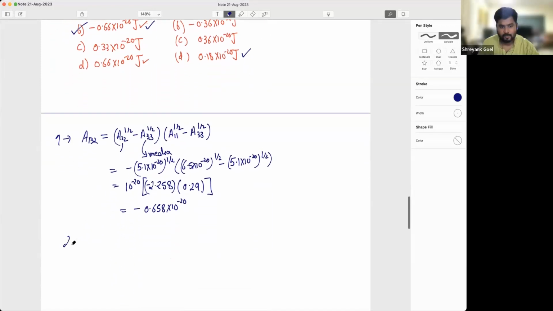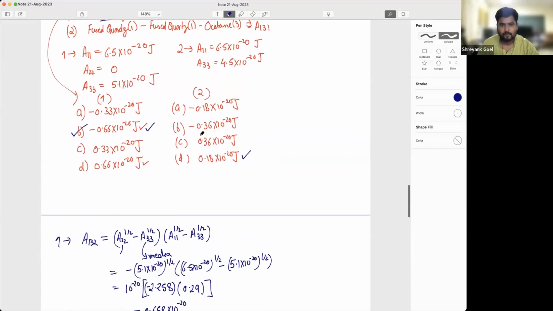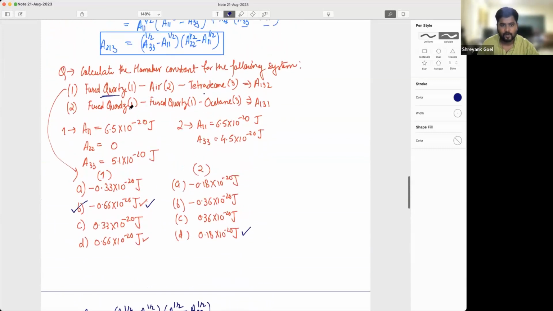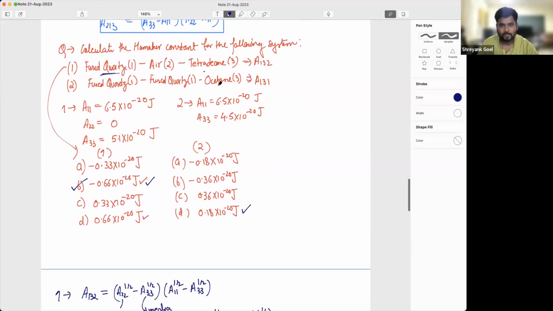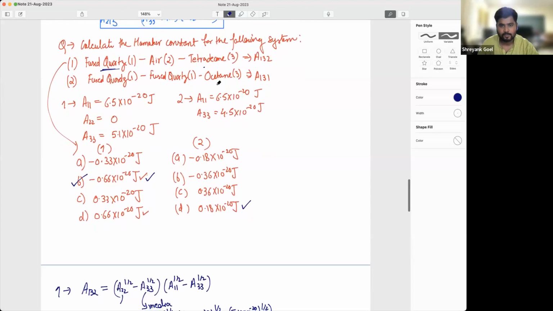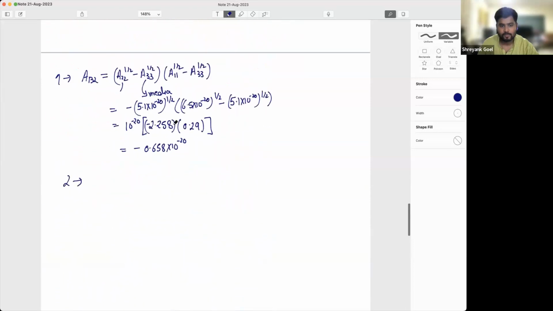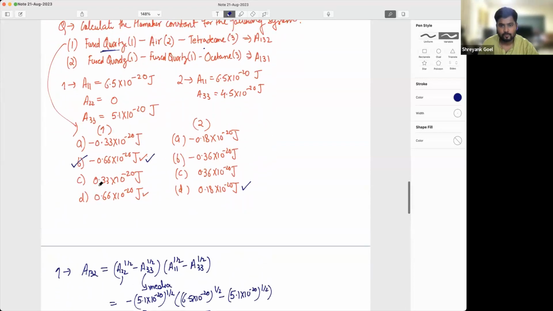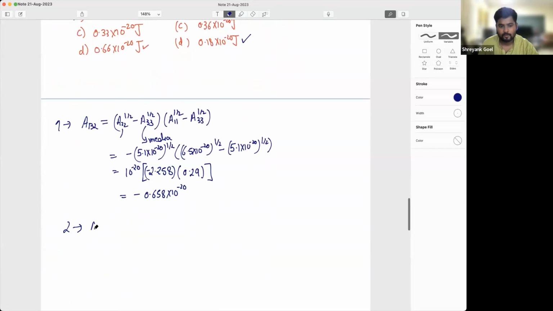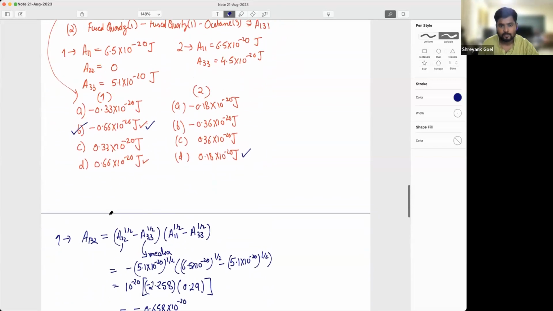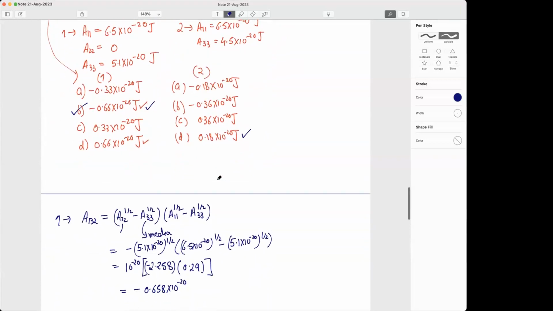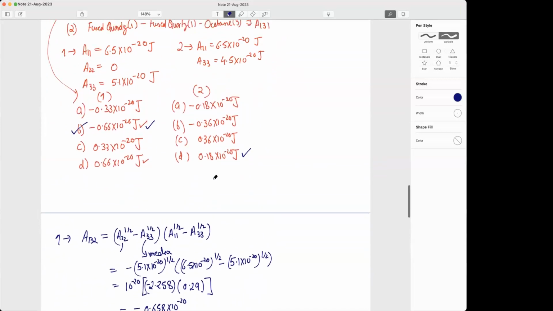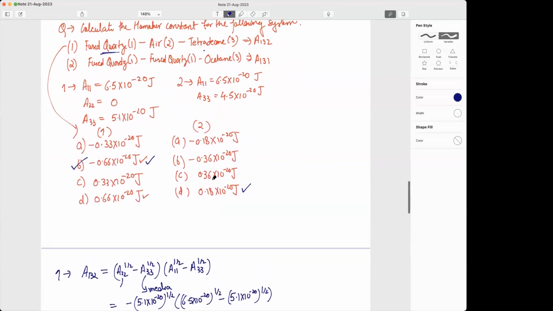Now what about the second one? The second one is we have to find the interaction of two like materials in the presence of media that is octane, so we have to find A131. Who solved this? Dipanvita? No, Dharmi, sir. I have not done. Can you help me solve this question, the second one? Yes, sir.